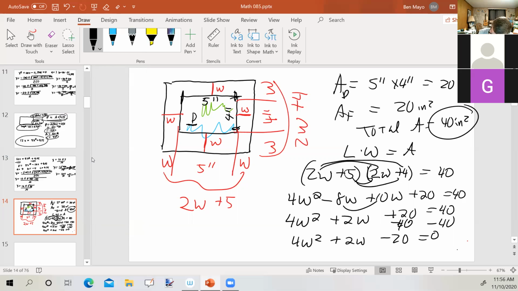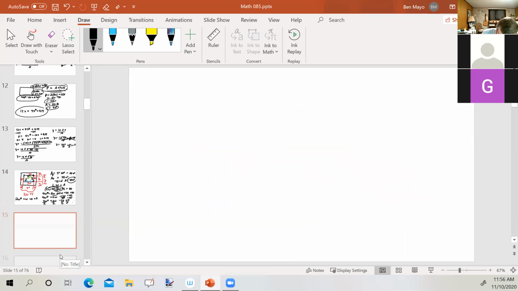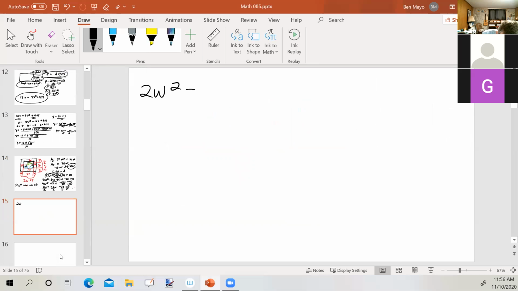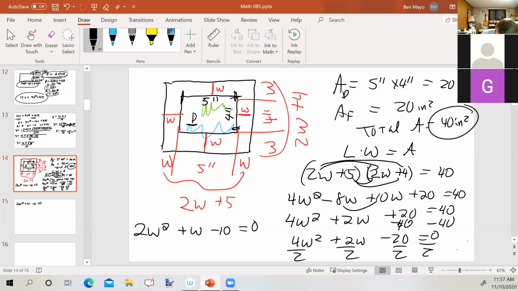But I could reduce that by 2, so I'll divide everybody by 2, and I get 2w squared plus w minus 10 equals 0. Okay? So after all that, I now have my quadratic equation, which I'm going to copy onto the next page. 2w squared plus w minus 10 equals 0.